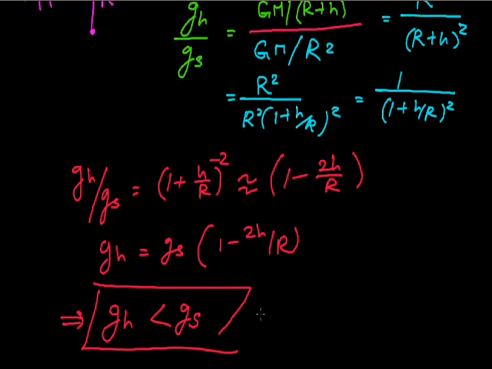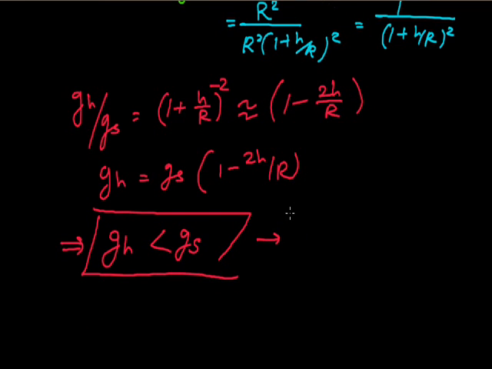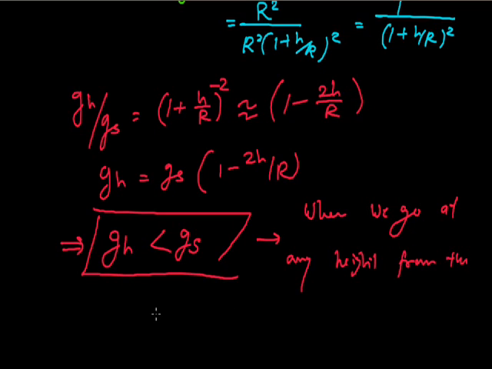Gravitational acceleration at the height of h is less than gs. So when we go to any height from the surface of the earth, g will decrease.